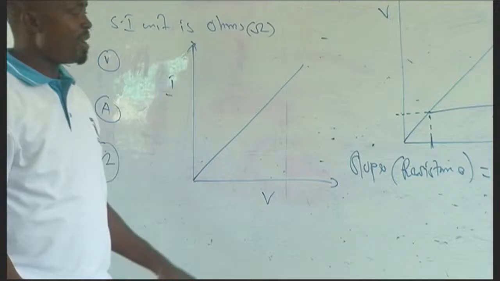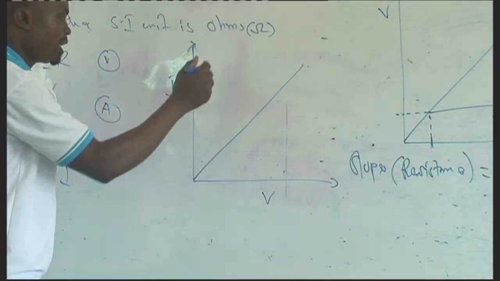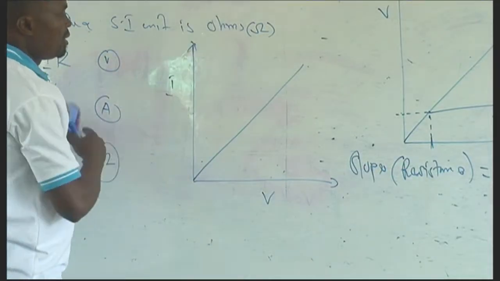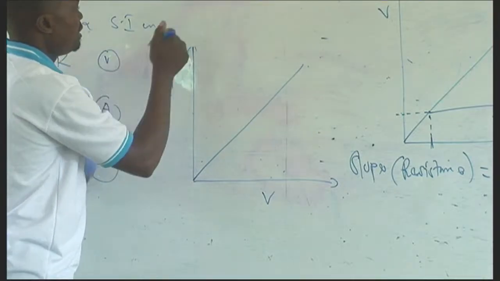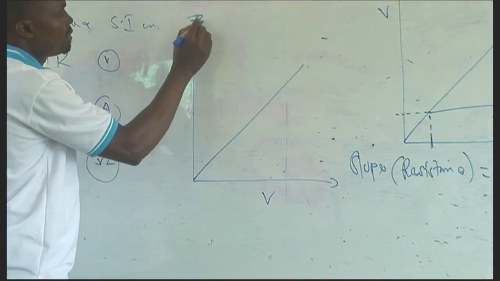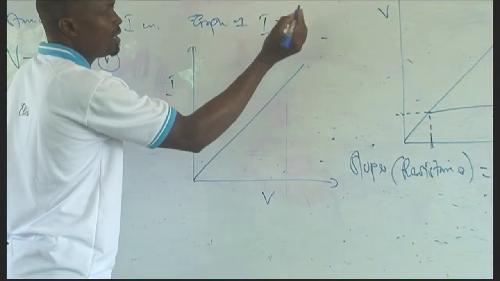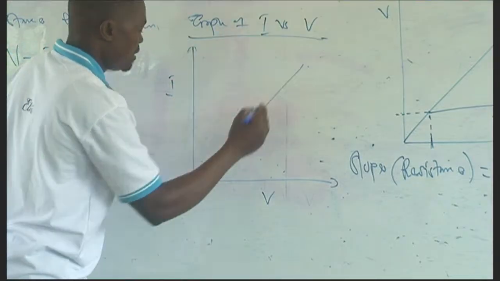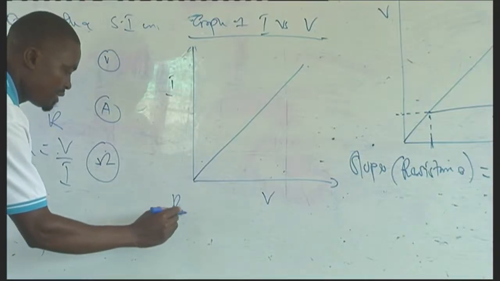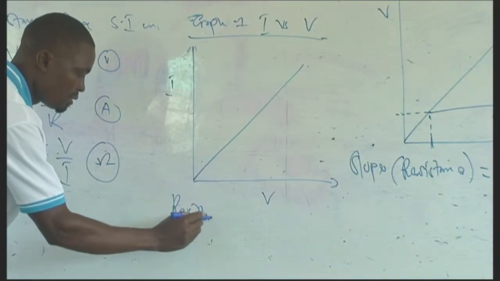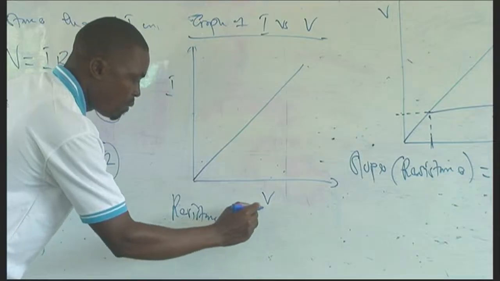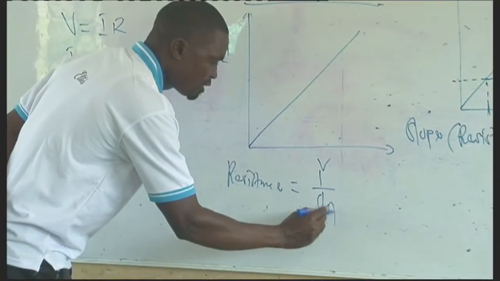But if we are asked to find the resistance, in a graph of I against V, our resistance will be 1 over the slope, or the inverse of the slope.